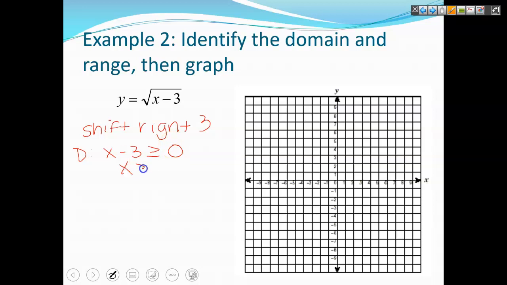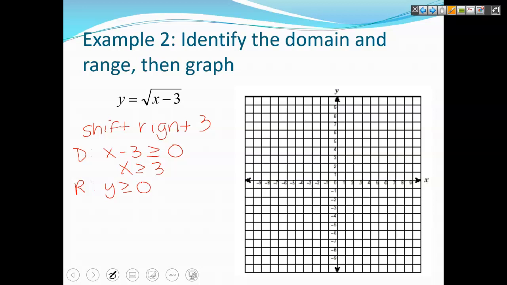So that means that its x value is greater than or equal to 3. The range is unaffected because I have no k value. So it remains y values greater than or equal to 0.